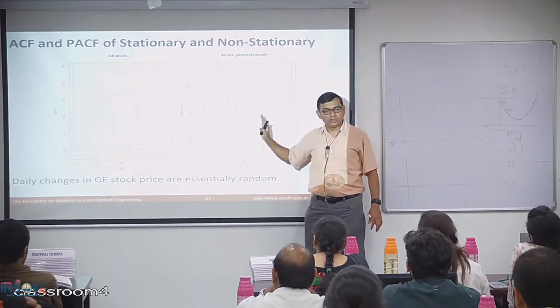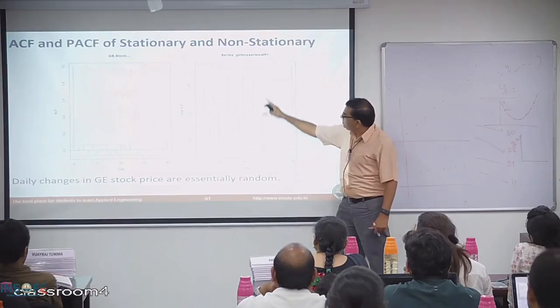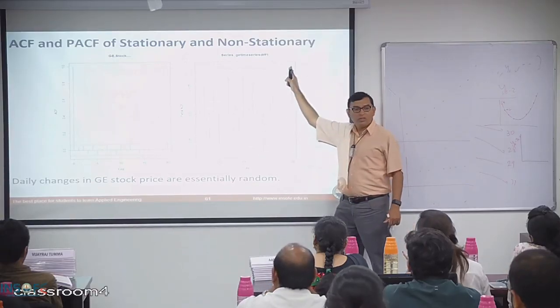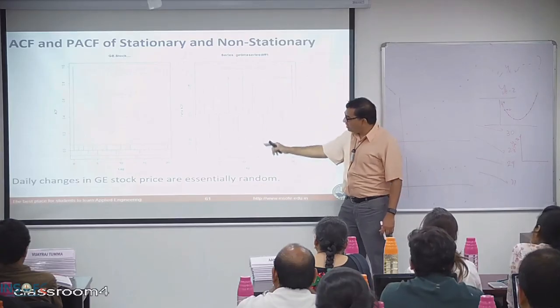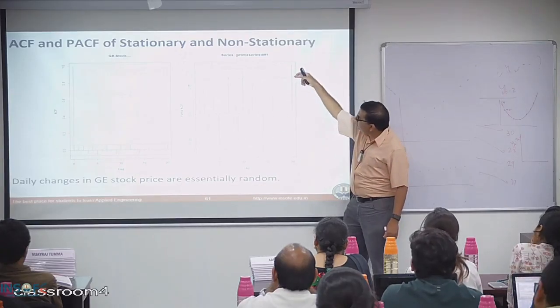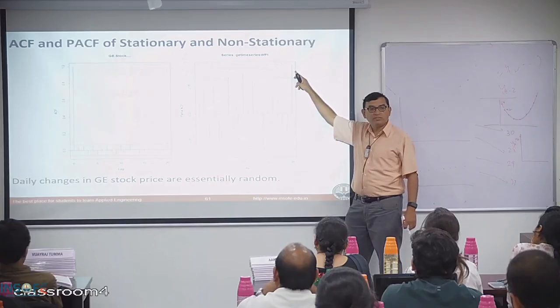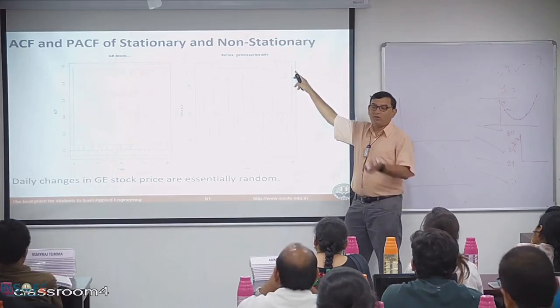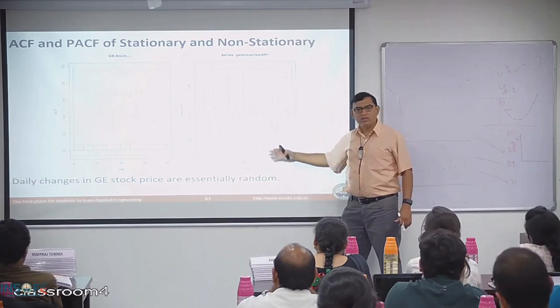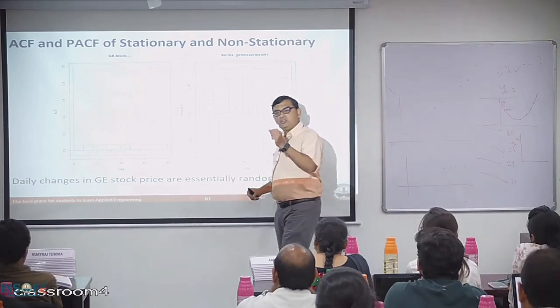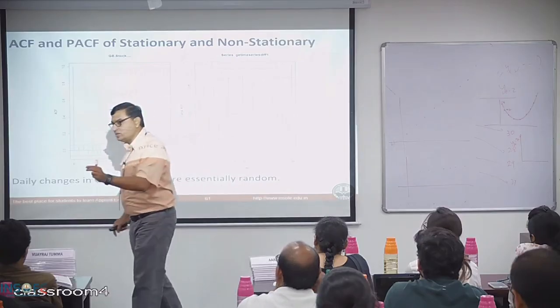There are some values slightly above your 95% threshold, but barely. We are talking about correlations of 7 or 8%. So the differenced GE series looks pretty much like random noise.